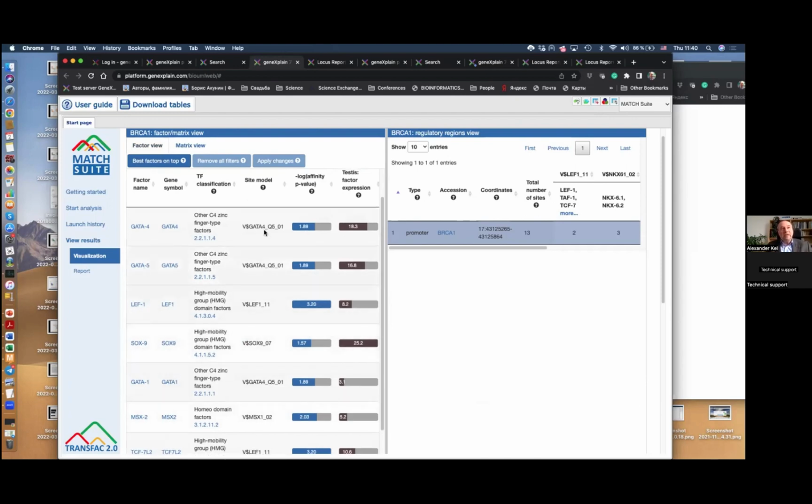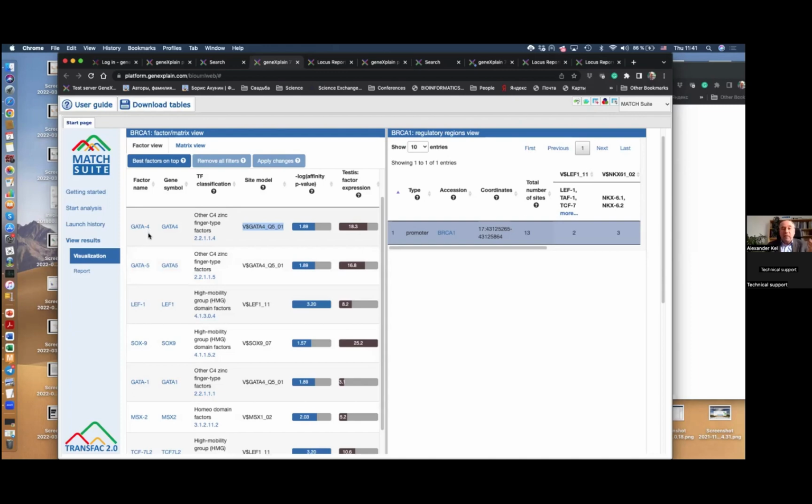Because, for instance, as you can see, this motif which is called GATA4 Q5_01 was built on the basis of sites for GATA4. But in fact, this motif is very similar for all GATAs. In our database extension, which we call a paralogous extension, if this motif was found in a particular region, we cannot say exactly which GATA factor is binding to that region.